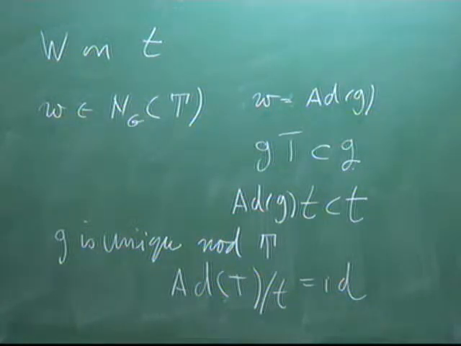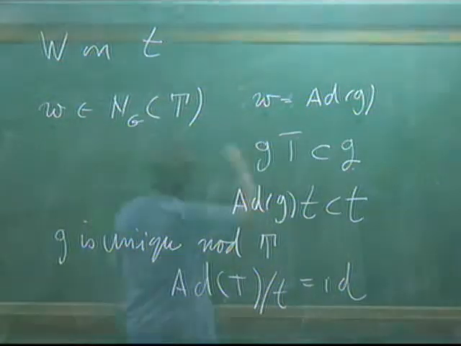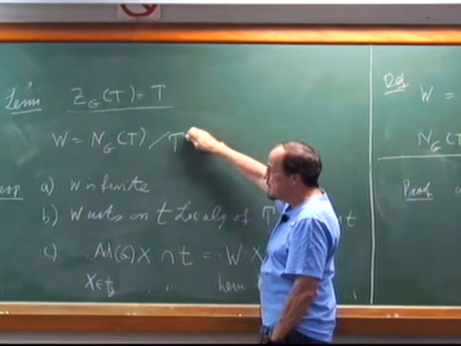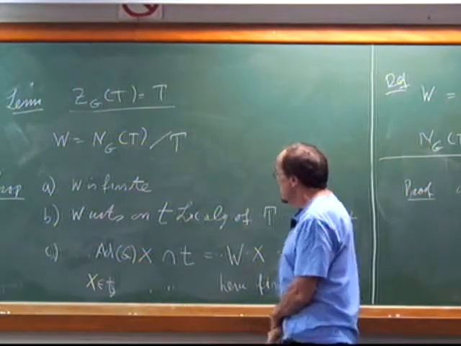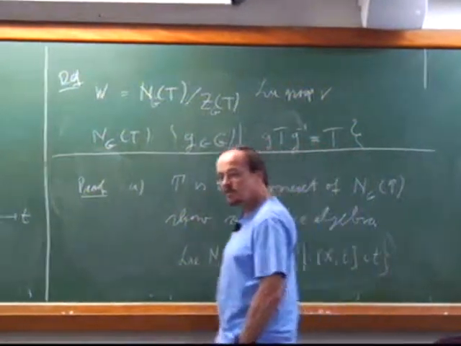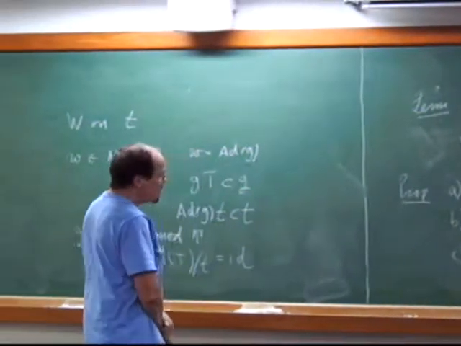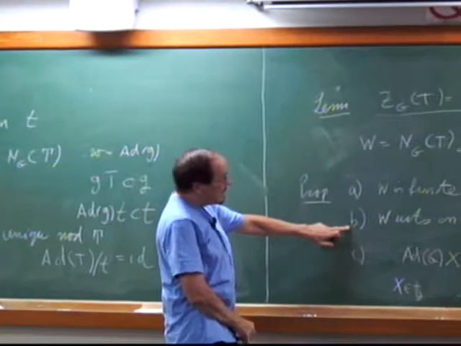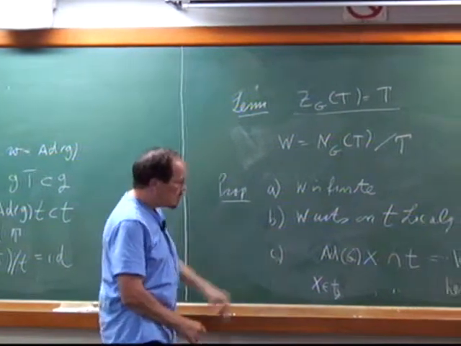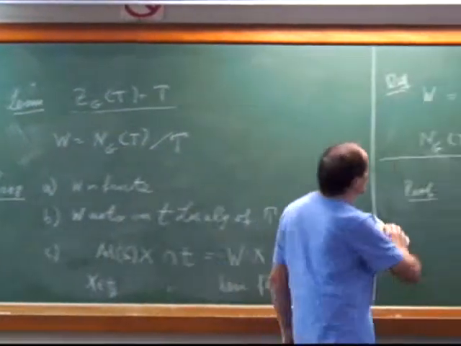So the adjoint of that is the identity. So it doesn't matter what I modify it with, I get the same action on the Lie algebra. So it's actually important to show that the centralizer here is equal to T. I'm using that property now. Okay, so now I have an action. So I have a finite group acting on my Lie algebra. And now I want to show this last important property, that these orbits are the same.